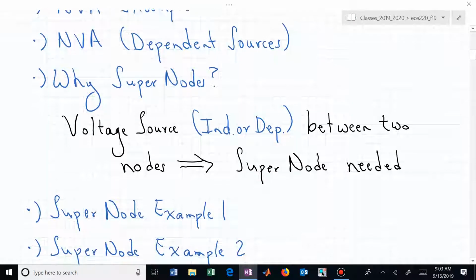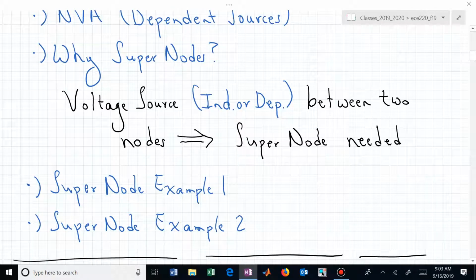Then we will get into supernodes, and supernodes really occur when we have a voltage source, which could be an independent or a dependent voltage source, between two essential nodes. If we have a voltage source between two essential nodes, we really don't know what the current is in terms of those essential nodes, because the supply is going to produce whatever current is necessary.